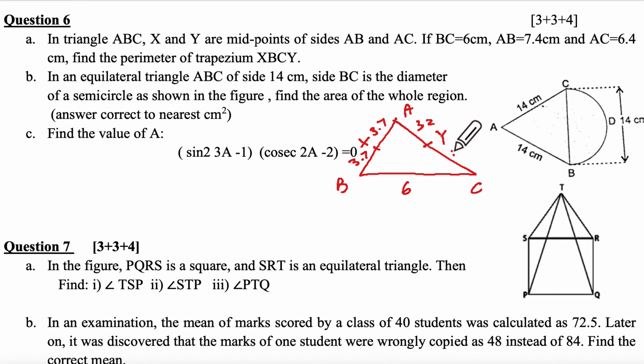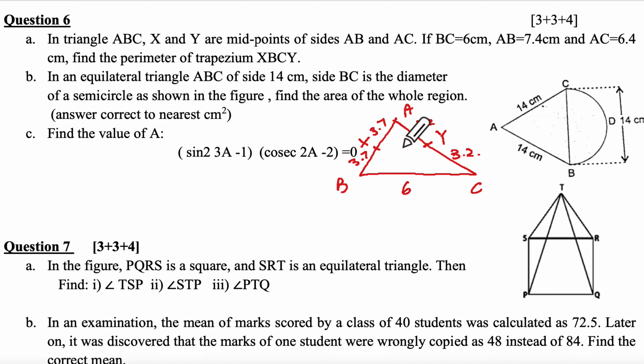3.2 and 3.2. Only thing is that when we are starting the statements, statement number 1, X is the midpoint of AB. Statement number 2, Y is the midpoint of AC. Therefore, AX equal to XB equal to half of AB equal to 3.7. Okay? Then, therefore, Y is the midpoint. So, AY equal to YC equal to half of AC.